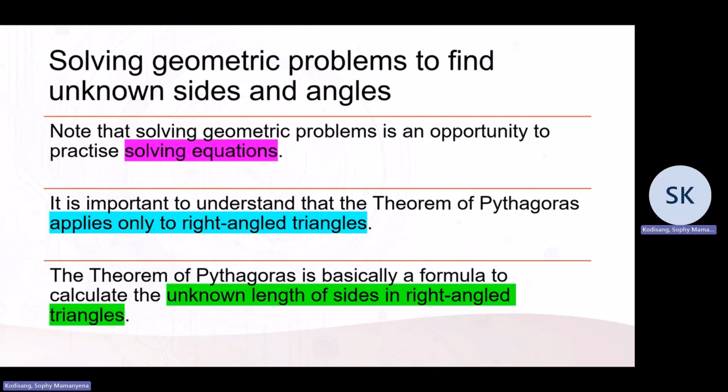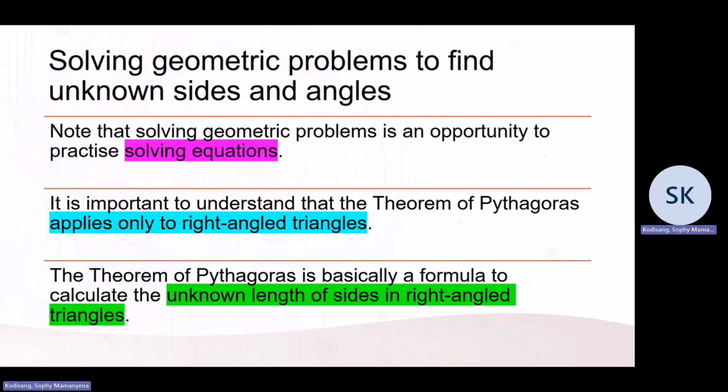You need to know that solving geometric problems is an opportunity to practice solving equations, meaning you need to make sure that you are able to solve linear equations before you can determine the other side of the right-angled triangle. It is important to understand also that the theorem of Pythagoras applies only to right-angled triangles. I think I have already alluded to that.